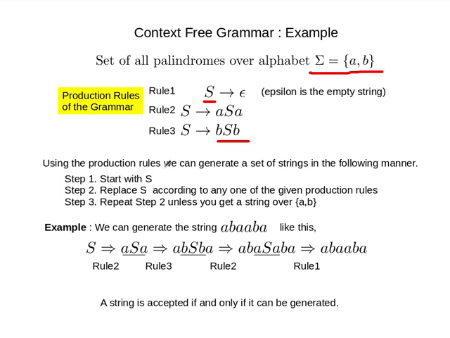And the rule is this: you start with S. You first write down S, and then use these rules, which are called production rules. Use one of these rules to generate new strings, but these strings are over this alphabet as well as these other symbols.